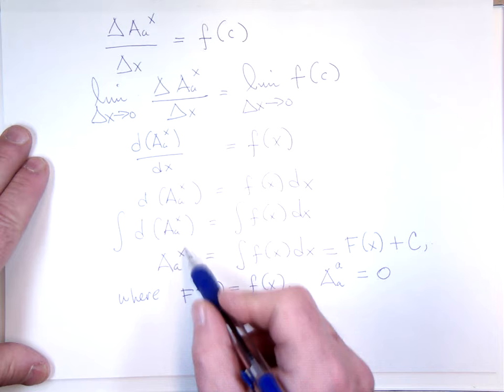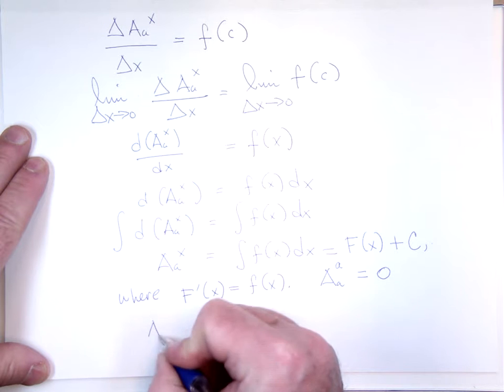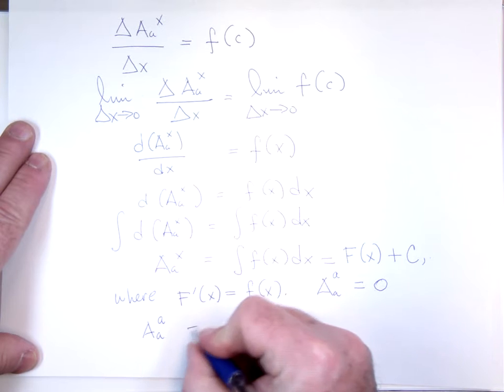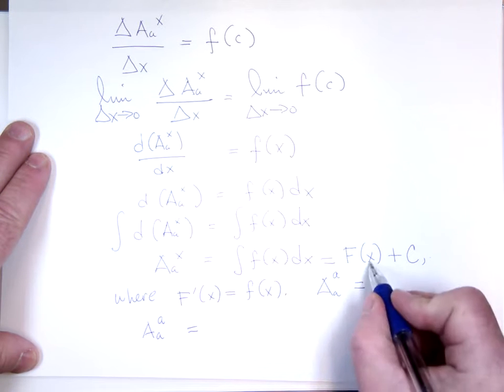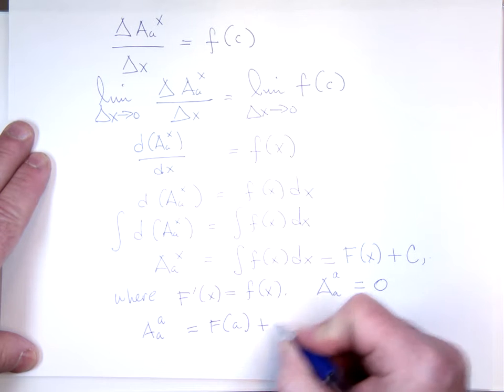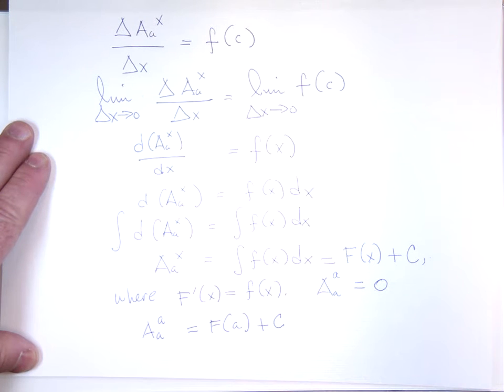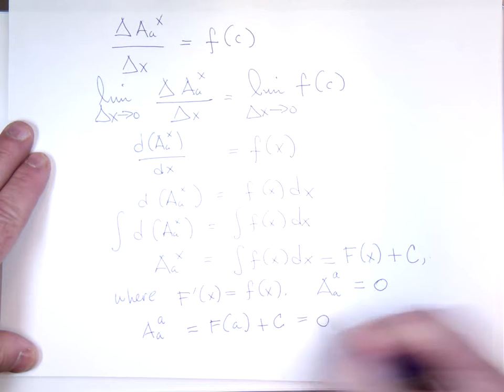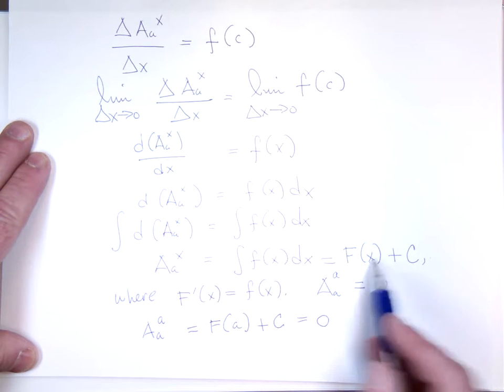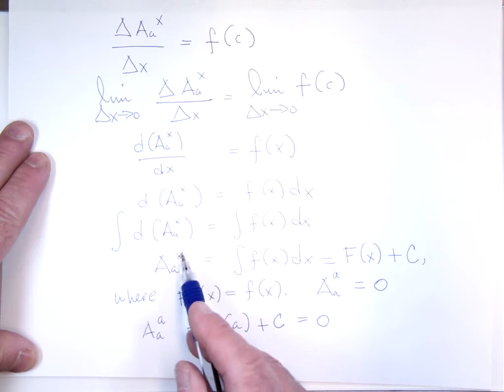The area from A to A is equal to capital F of A, replace the x with A, plus C, and that's equal to 0. What I'm doing is replacing this x with A, and I know that this area from A to A is 0.